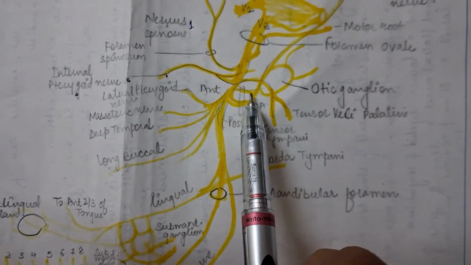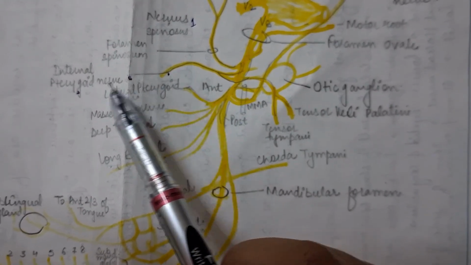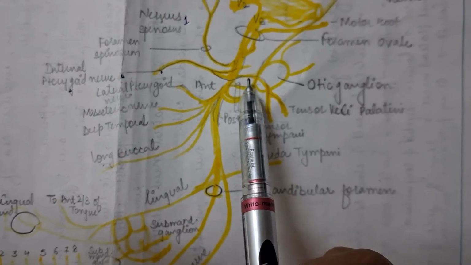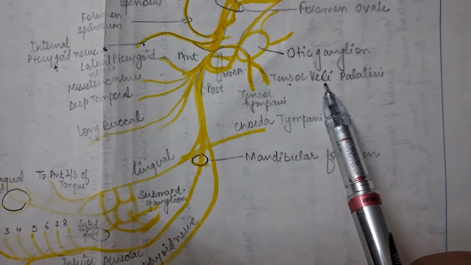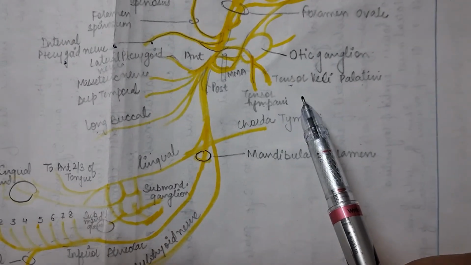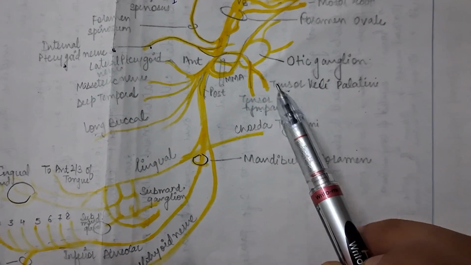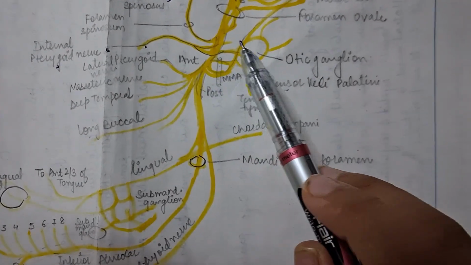So two branches: nervus spinosus and the nerve to internal pterygoid, the medial pterygoid branch. Then it also gives its branches to two muscles, that is tensor veli palatini and tensor tympani. These are accessory muscles of mastication. So these two branches also arise from the mandibular nerve only.